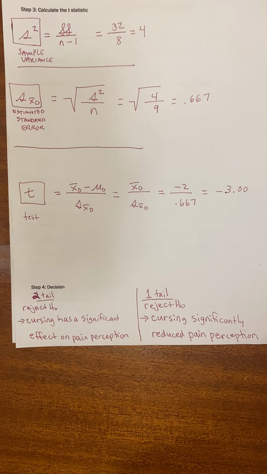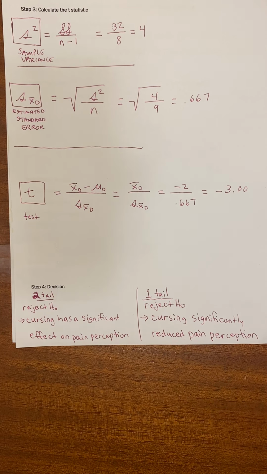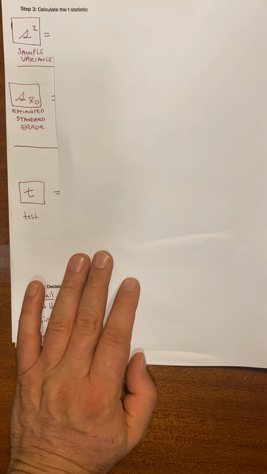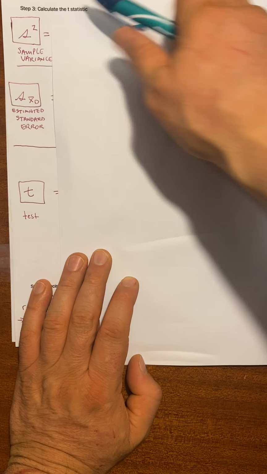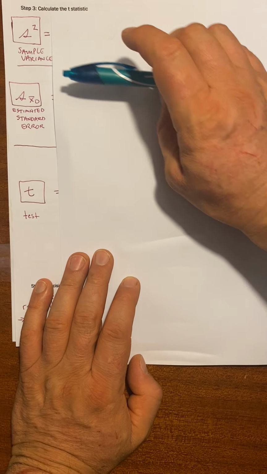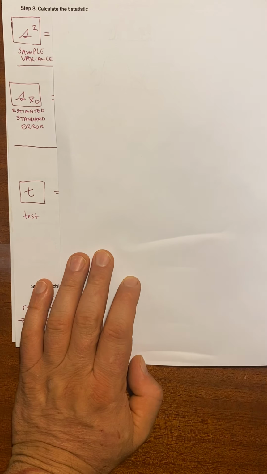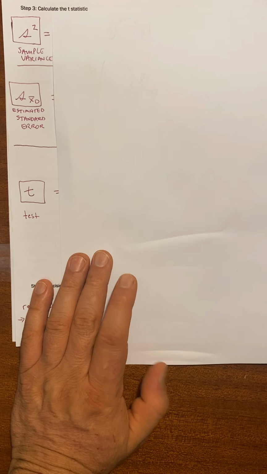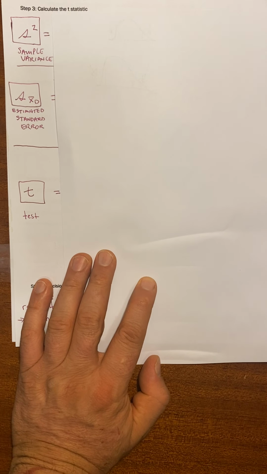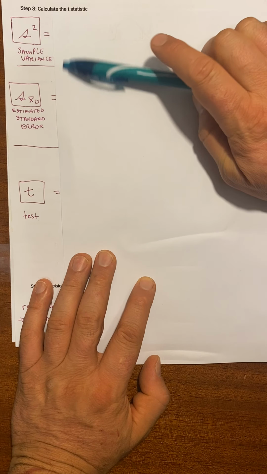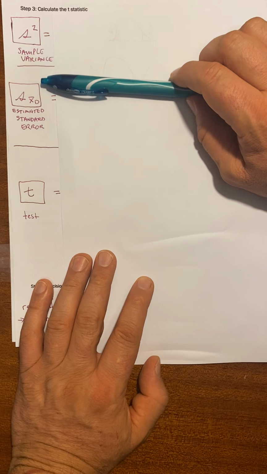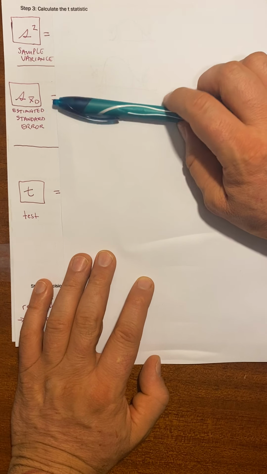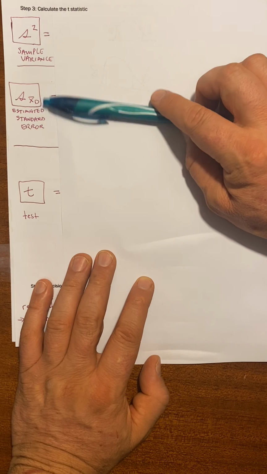Let's just remember that at this point, every time we've been doing a t-test, in step 3, we've basically been running through a series of 3 separate equations. We're doing the same thing here. We're still going to start out by figuring out what our sample variance is. Then we're going to use that value to figure out this measure of your standard error.